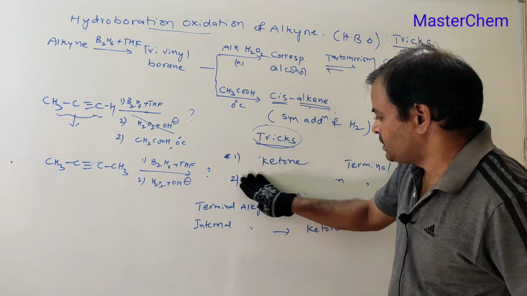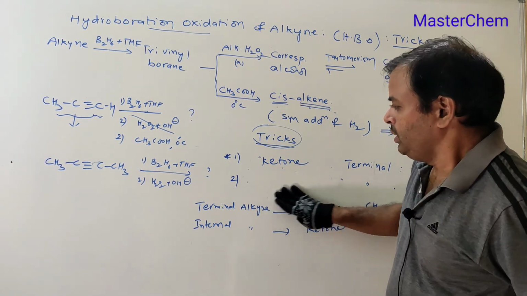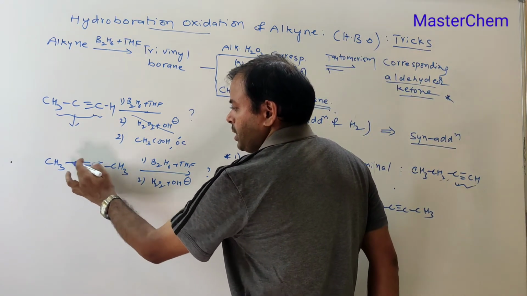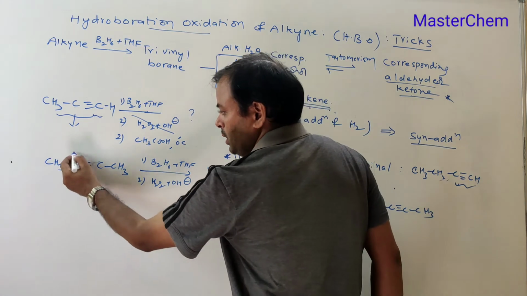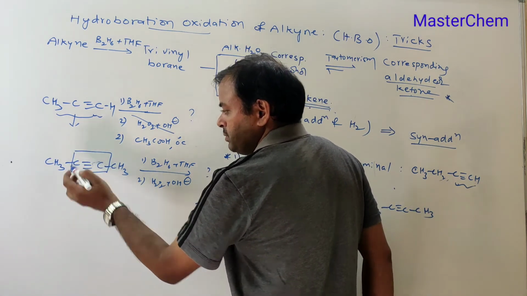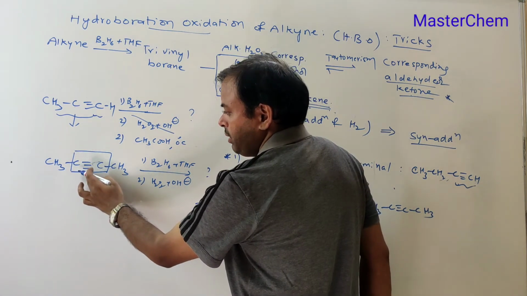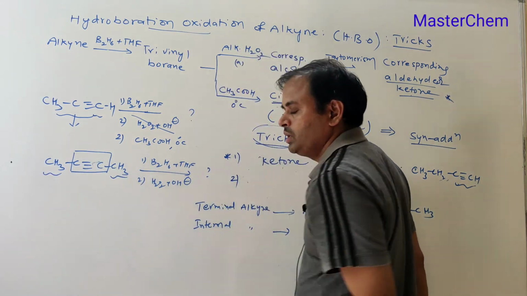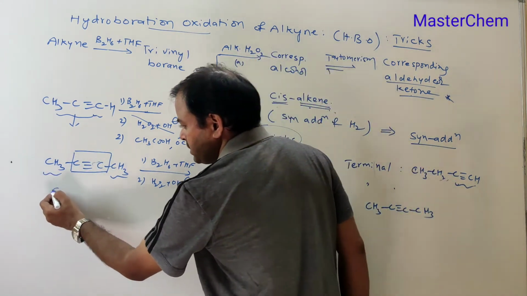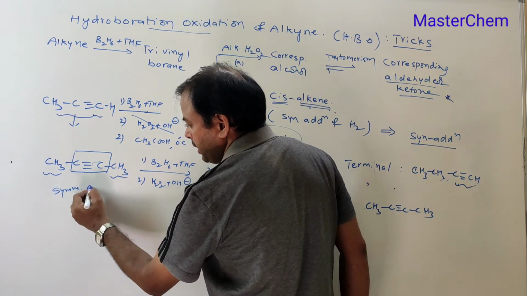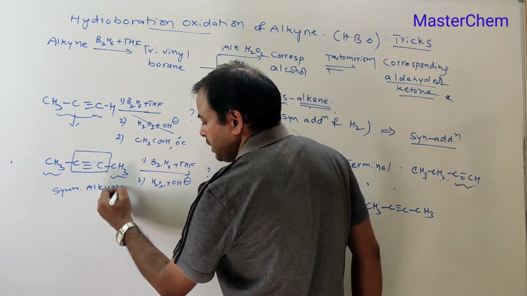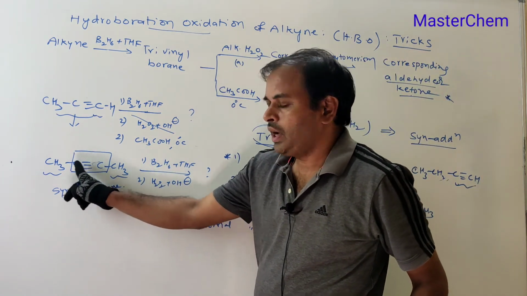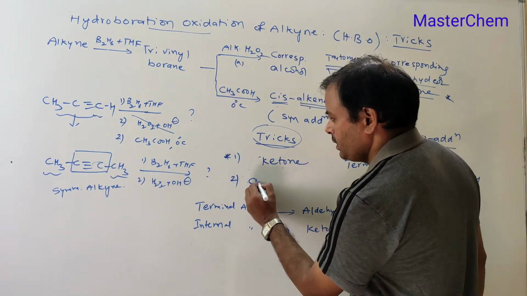Now what is the structure of that ketone? Both these carbons are the same, because at this alkyne linkage, C triple bond C, both attachments are the same, CH3 and CH3. This type of alkyne is called a symmetrical alkyne. For symmetrical alkynes, you can convert any carbon into a C double bond O group, a ketone.